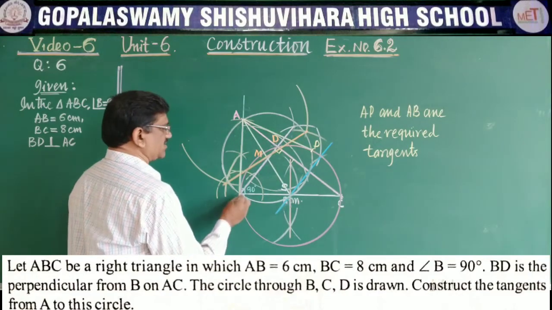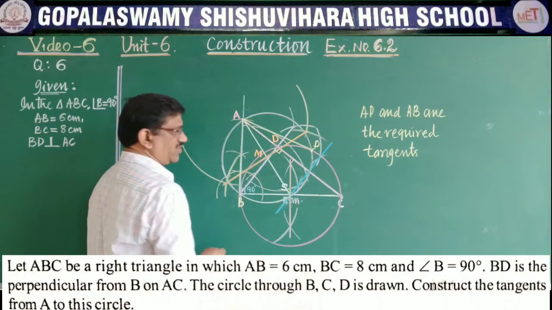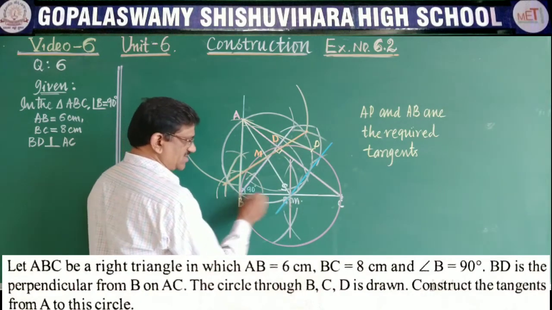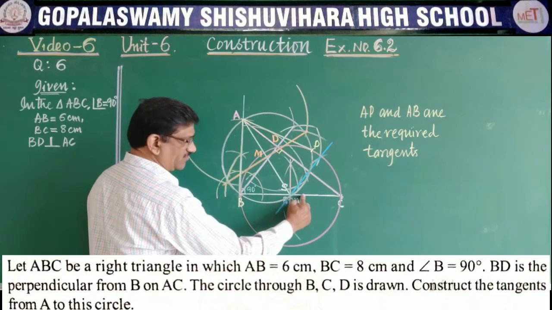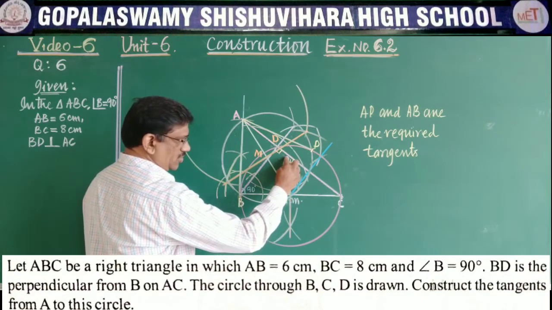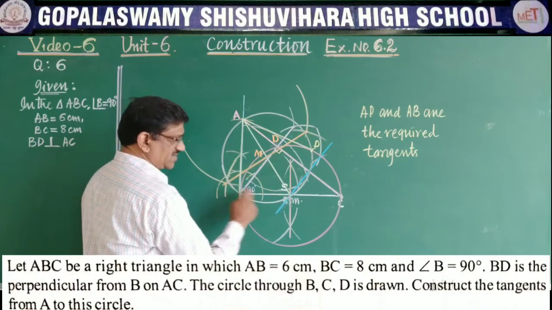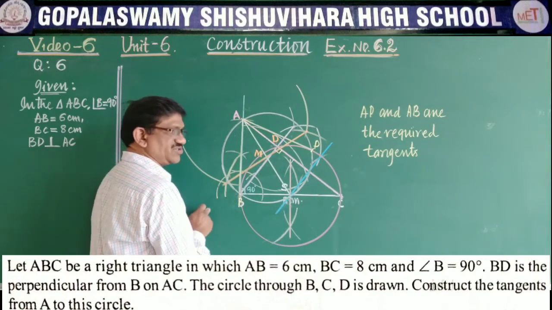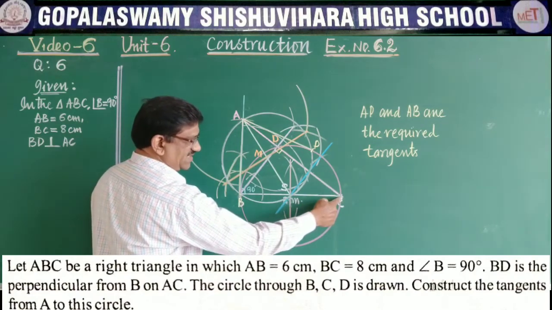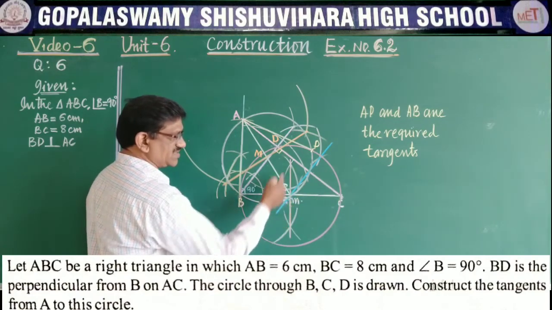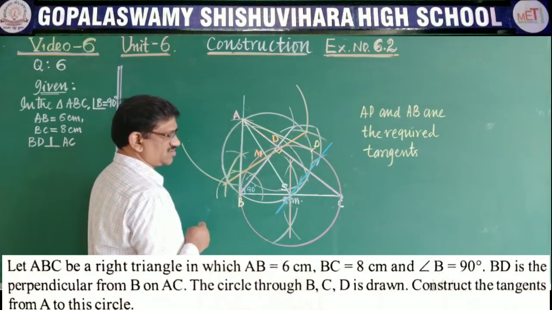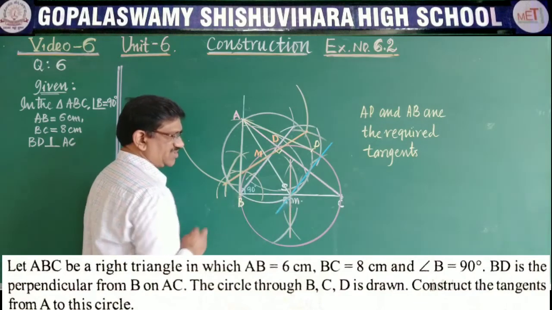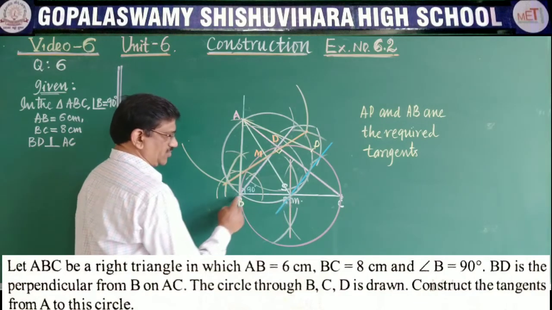For that I have considered BC as one side and DC as another side. For BC, taking more than half of BC, I have drawn two arcs on either side of BC. With B as a center, then with C as a center, with the same radius, I have cut the arcs. Where the arcs cut, I have joined them; it is a perpendicular bisector of BC.